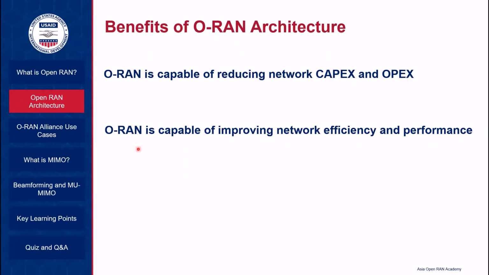So sa radio access network, marami tayong OPEX. Like for example, yung optimization is considered as OPEX. Lalo na yung mga manual changing of parameters. So kapag yung ating radio access network is intelligent, meaning it can do automation, okay?